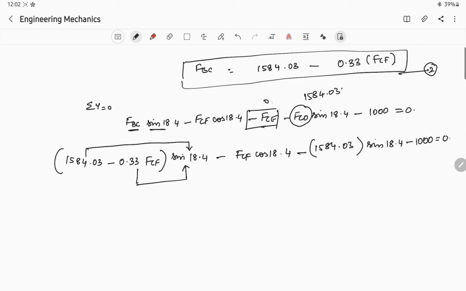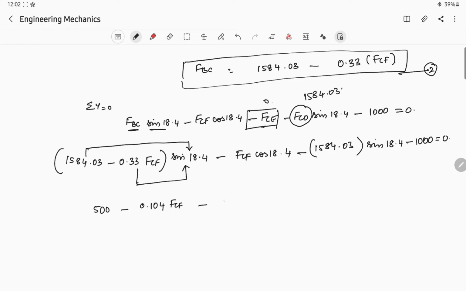So I'll write here 1584.03 into sin 18.4, you will get 499.9, so here you will get 500, minus 0.33 into sin 18.4, you will get the value as 0.104 FCF.